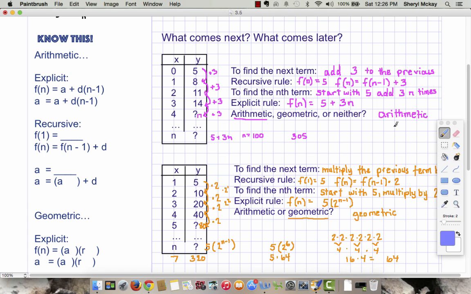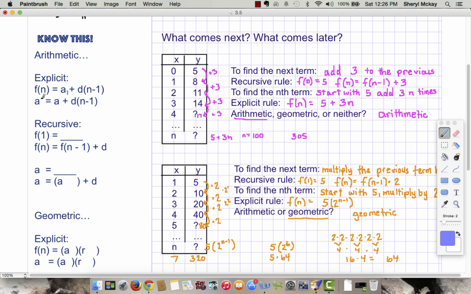For an arithmetic sequence, we can always say that for an explicit function, we would say f of n equals the first term plus the constant difference times n minus 1, whatever n is minus 1. All right, we can always do that.